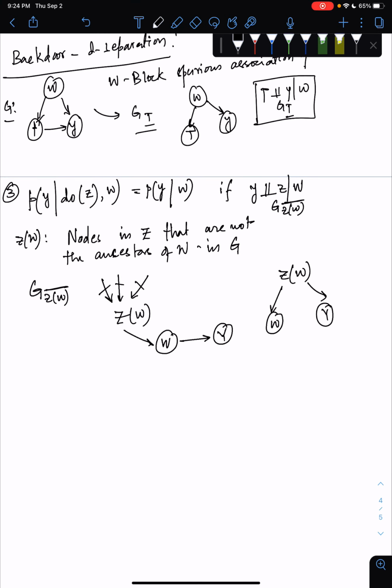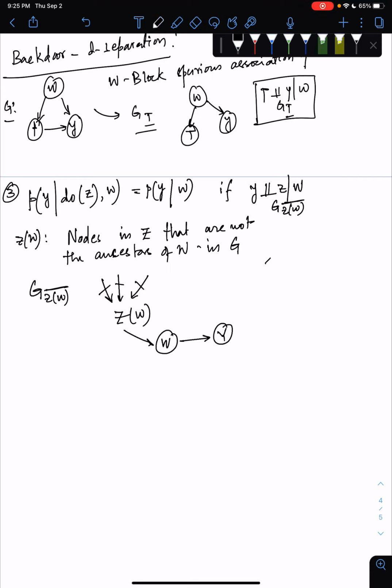Z are not the ancestors of W in G. Here also we are removing these edges. I think I made a mistake, I'm sorry.